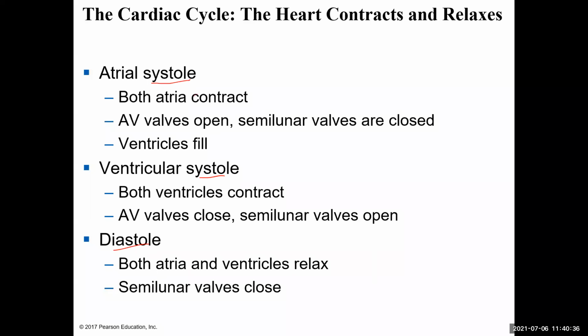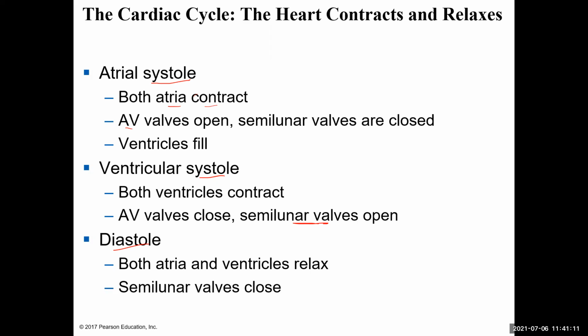So what happens first is both of the atria will contract. This causes the AV valves to open. The semilunar valves will be closed, and the ventricles will fill with blood. Okay, and so directly after that happens, the ventricles will undergo contraction, and that's the ventricular systole. The AV valves will close, but now the semilunar valves will open and the blood will be pushed out of the heart via those semilunar valves.